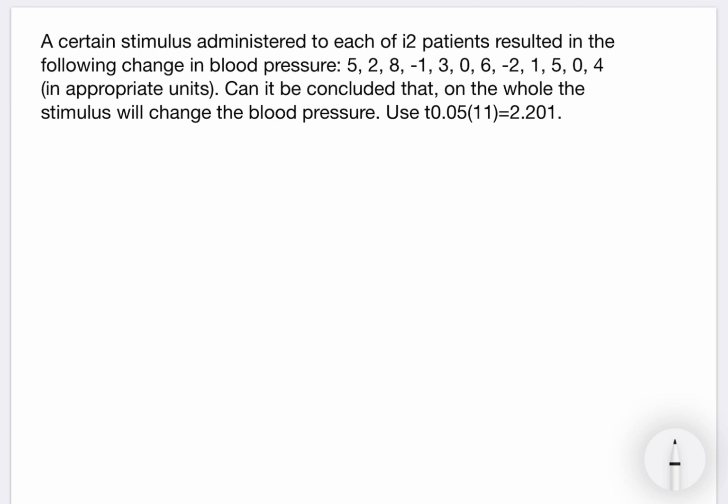In the next problem, it states a certain stimulus administered to each of 12 patients resulted in the following change in blood pressures. So these are the changes in the blood pressures of the 12 patients. Can it be concluded that on the whole the stimulus will change the blood pressure, and they are asking us to use this critical value.